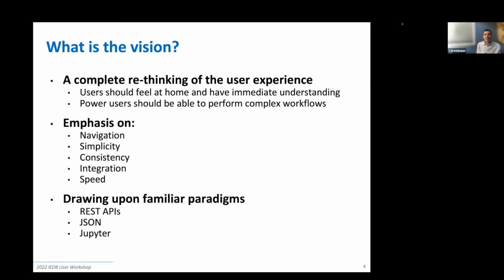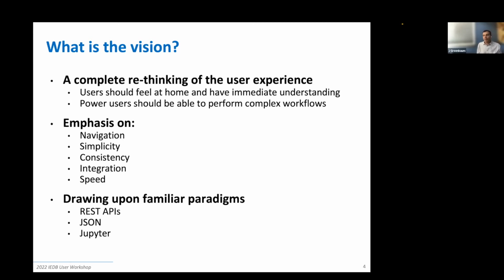Consistency between the tools, so making sure all the control elements are similar, things look the same, things are where you expect them to be. And then integration is a big thing. So being able to send data between tools and build these pipelines that I'll talk about a little bit later. And then of course, speed.